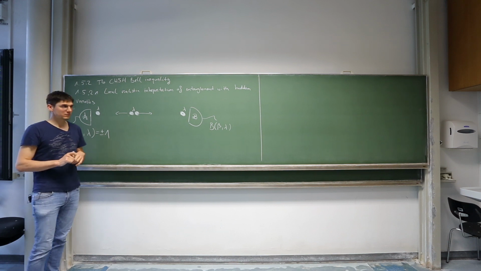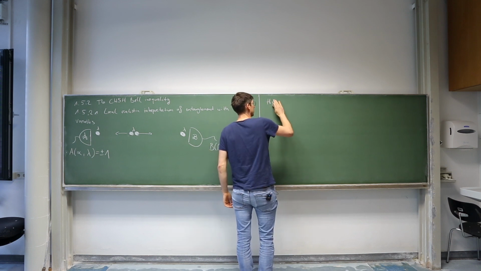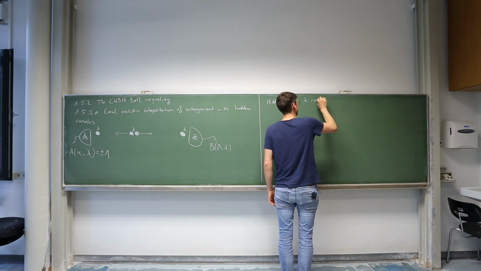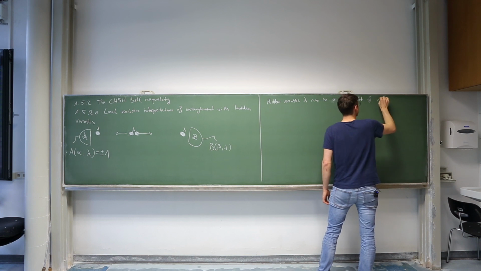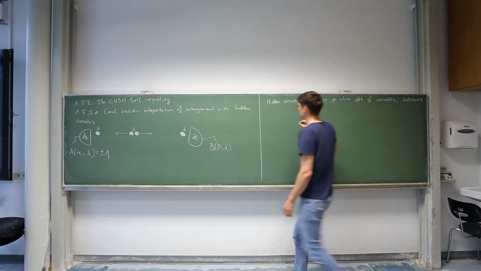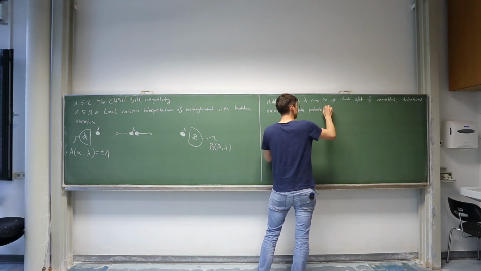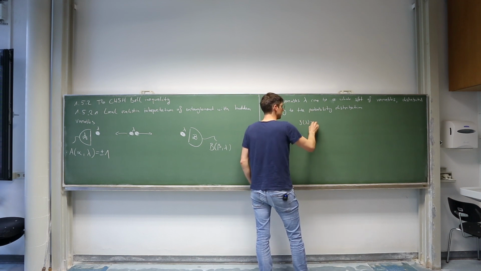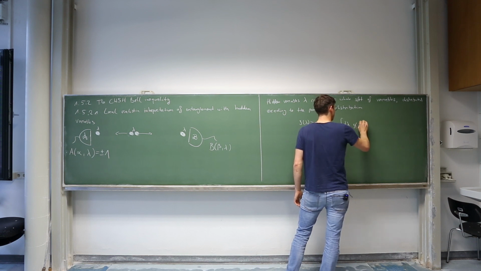What we assume first: the hidden variables lambda can be a whole set of variables which are distributed according to the probability distribution rho of lambda, which is greater or equal to 0, such that if we integrate over rho of lambda, it must be 1.